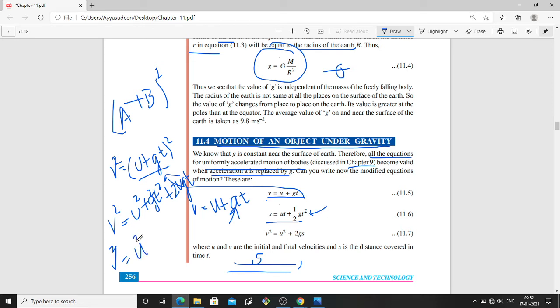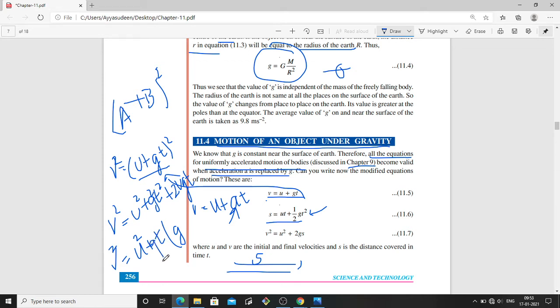Then we are going to take something as common. We can take t as common here. Let's take gt common here.